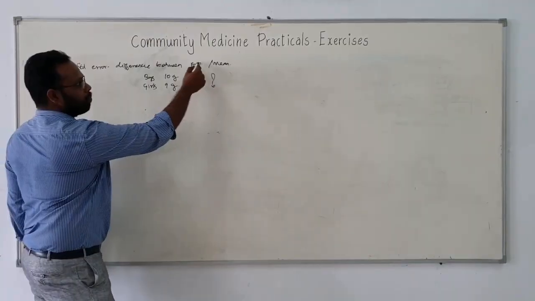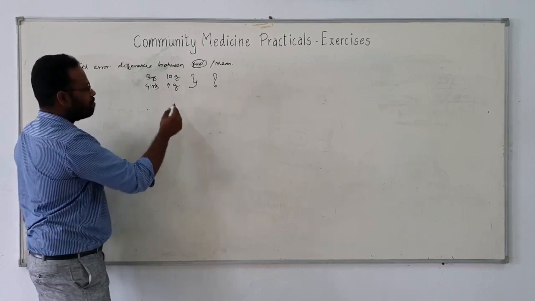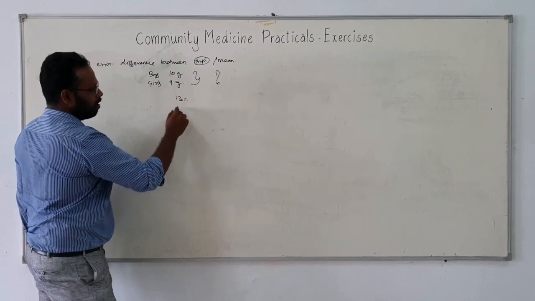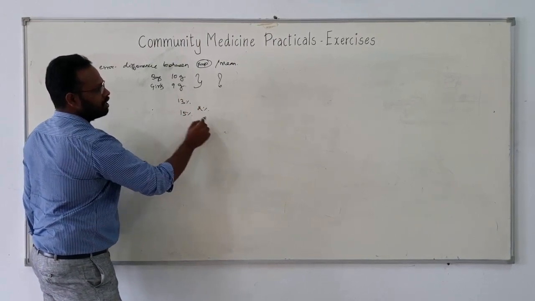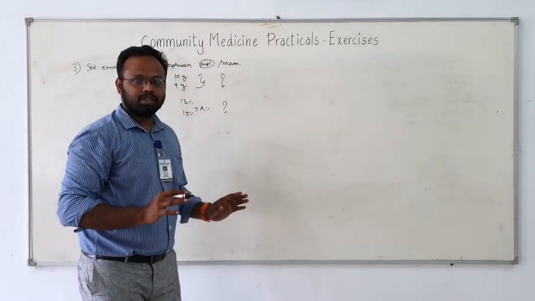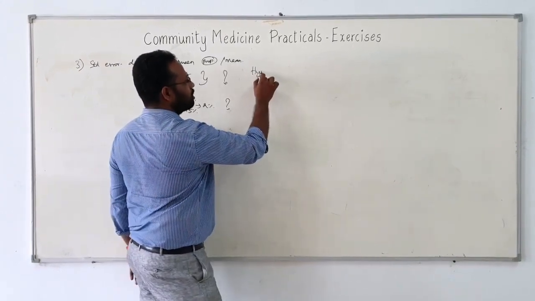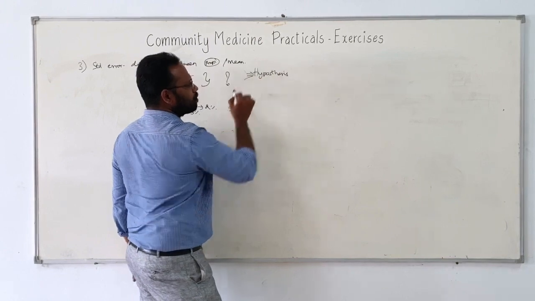Same way, the proportion means the percentage or prevalence of anemia among boys is 13%. Girls it is 15%. There is a difference of 2%. Is this 2% significant or not? So this is our research question. So based on this, we have to formulate the hypothesis first, as we did in chi-square test.